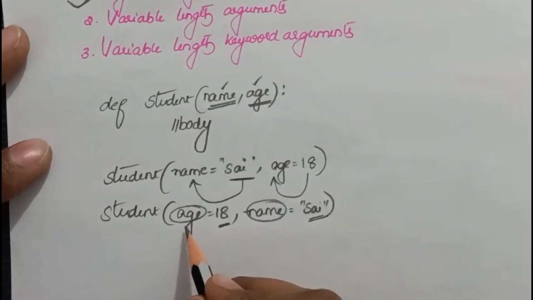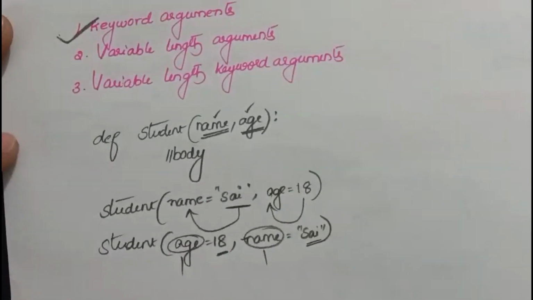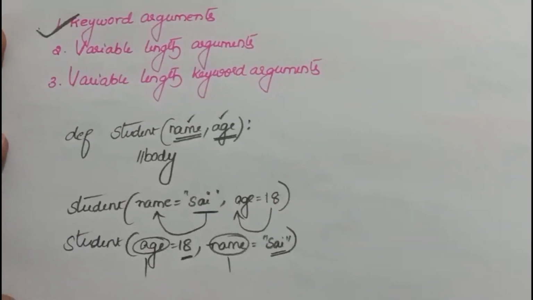If you don't use these keywords while sending arguments, these will behave as positional arguments as discussed in the previous video. So order of arguments does not matter when you use keyword arguments.